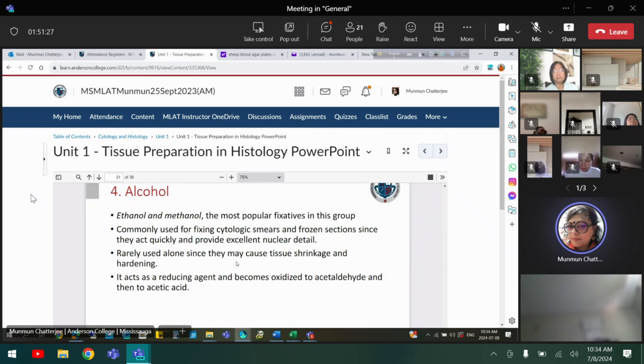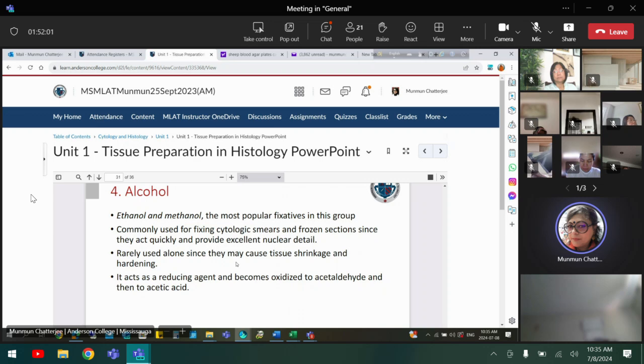Next is alcohol. You have heard about methanol fixation. Sometimes you can do ethanol and methanol fixation. This is a popular fixative, commonly used for fixing cytological smears. Smear fixation is good when you are doing it directly on the slide, so ethanol or methanol fixation is good for that, and for some frozen sections, since they act quickly and provide excellent nuclear details.